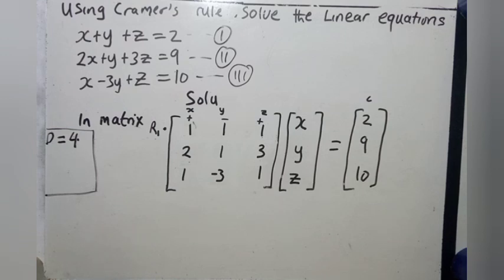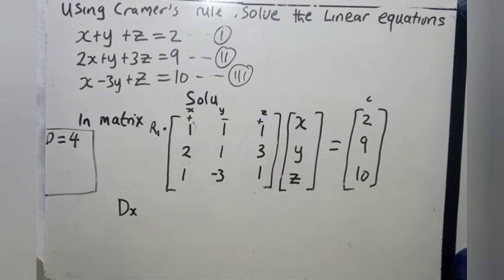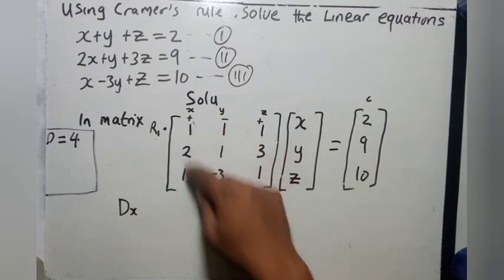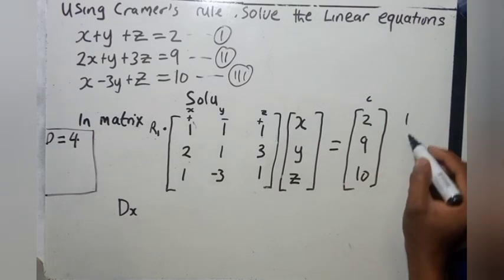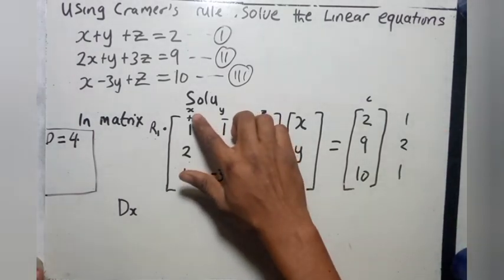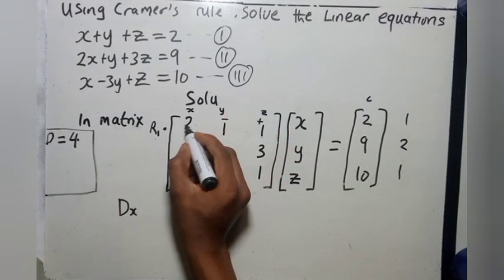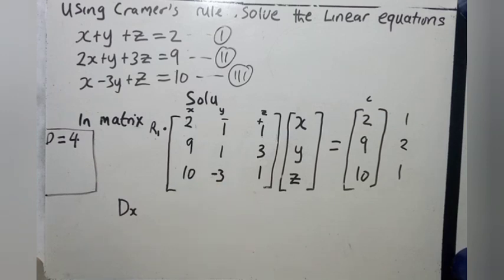So now we are solving for dx. For us to solve for dx, we'll be replacing this with this. So when we do that, the whole of this will change to 2, 9, 10.